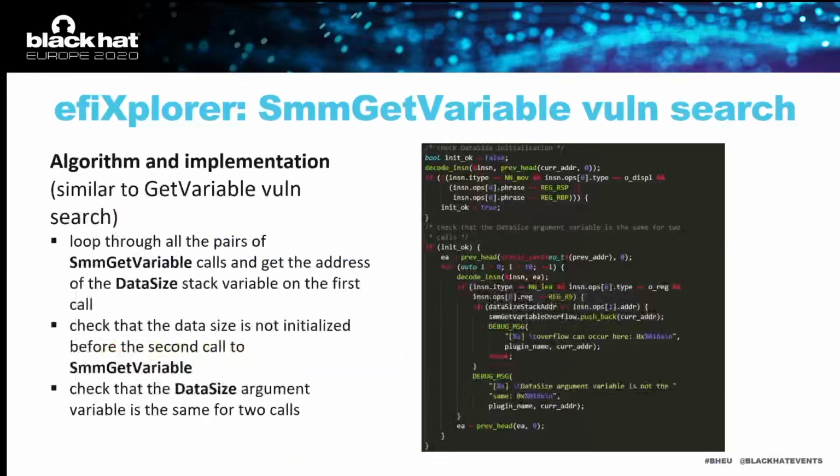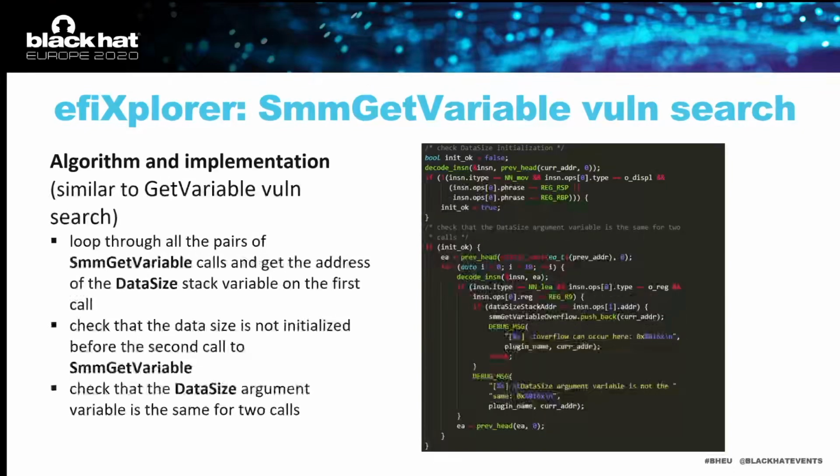Pretty straightforward. One nested step is to find those interfaces and to understand this is actually the SMM get variable protocol. Once we do that, the algorithm of how we find and check that this is a potential security vulnerability is exactly the same as before.